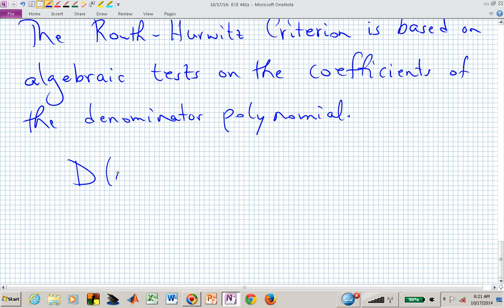We're now looking at the roots of d of s, and we'll find those by looking at d of s equal to 0.